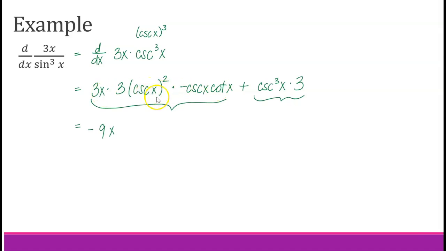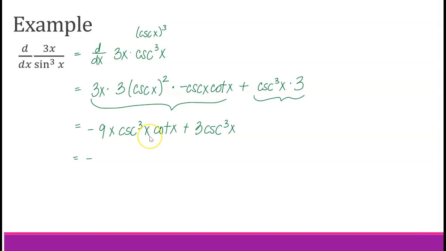Total cosecants, I have cosecant cubed, because I have cosecant x all squared, so that's 2 copies and a third copy here. So I have cosecant cubed x, and then 1 copy of cotangent x, and then plus 3 cosecant cubed x. So now what's in common in both here is I can factor out a negative.